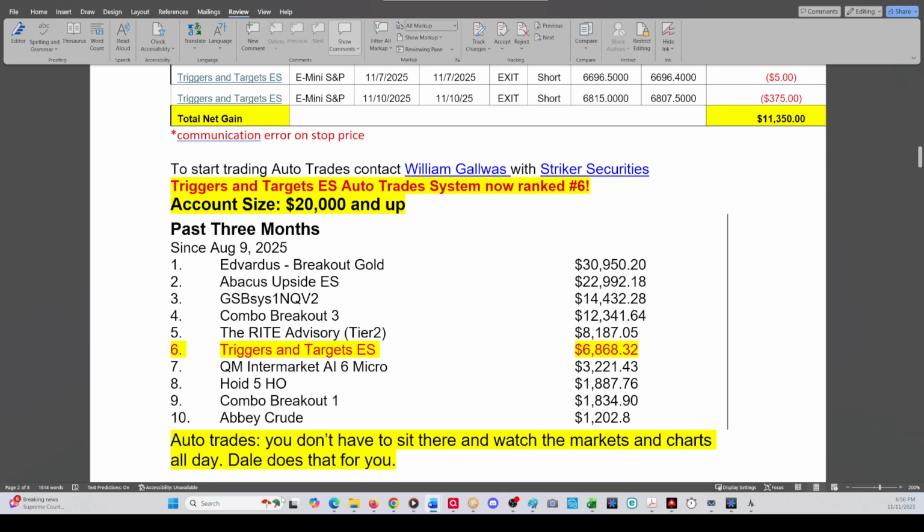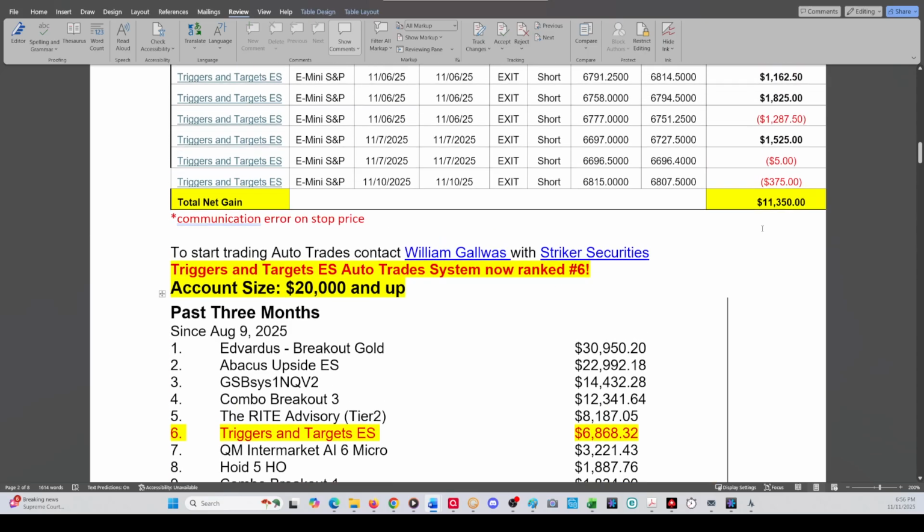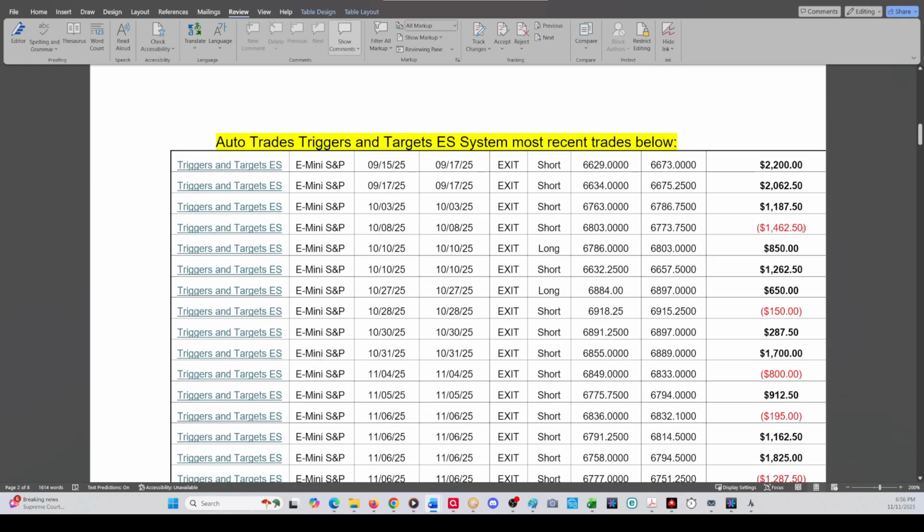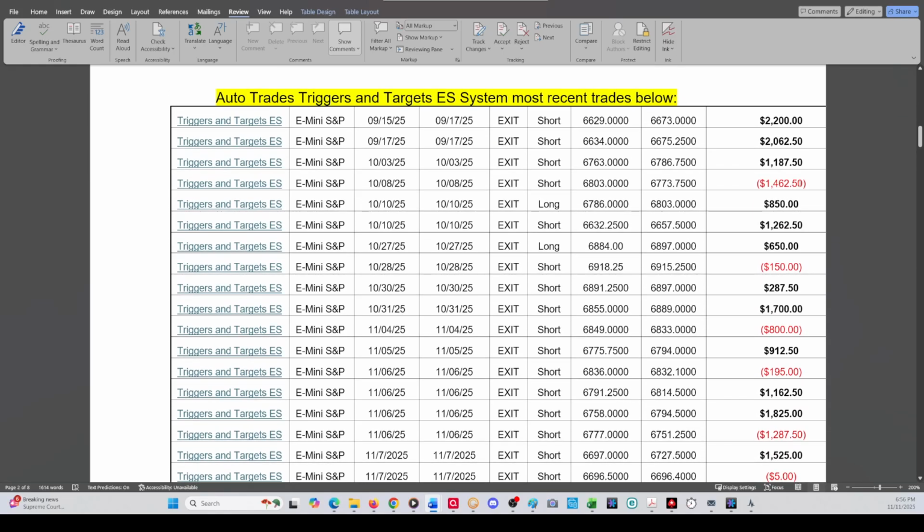Again, you or anyone, you don't have to sit there and watch the markets and the charts all day. I do that already, so I'm doing that for you. And you can see our losses, except for 1 or 2, are really small. And this one was a communication error on a stop, as I recall. But we more than made up for it with some pretty good gains here, as you can see.